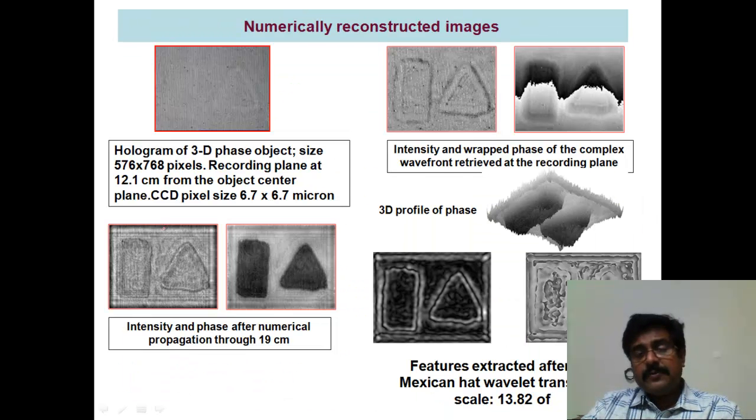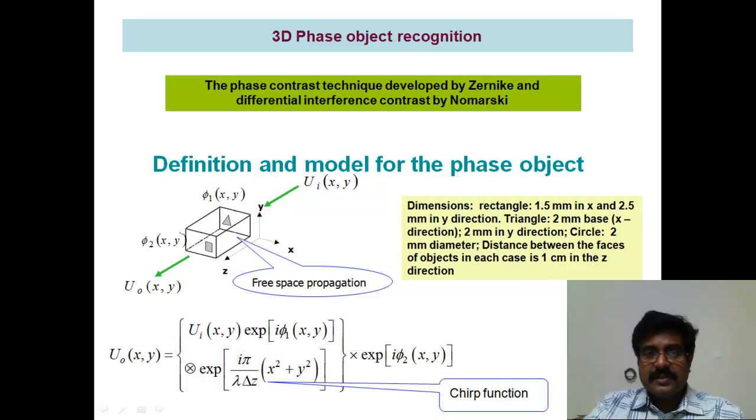Digital holography can be used for phase contrast imaging also. A phase object is invisible, but still after reconstruction the phase contrast can be obtained. So this can be used for imaging invisible objects. This is such an object, a transparent coating, triangle and rectangle.